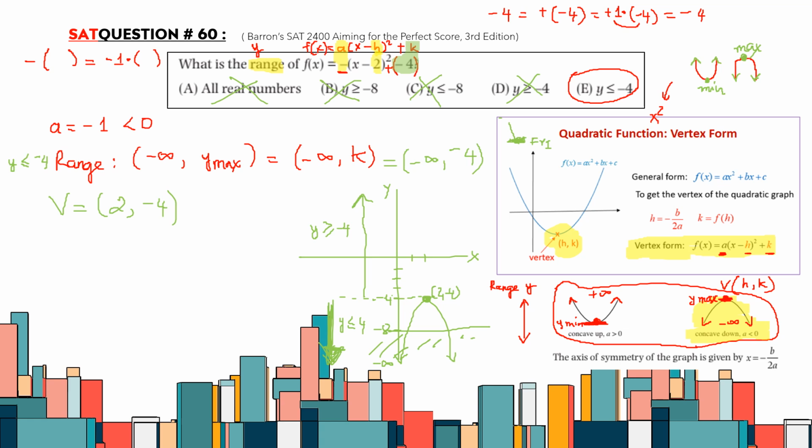I also attach the axis of symmetry of the graph, given by x equals -b over 2a, where a and b are from the general form.